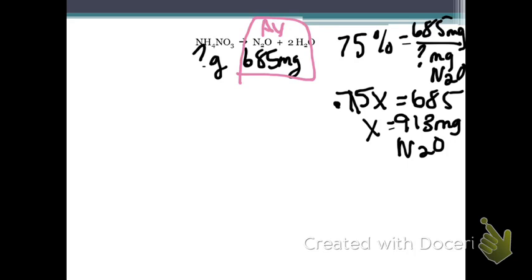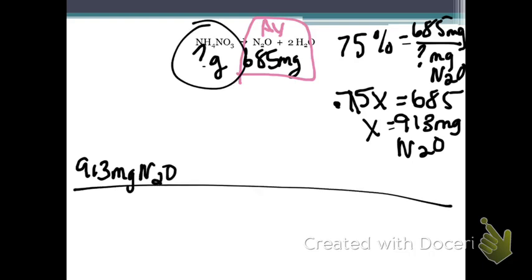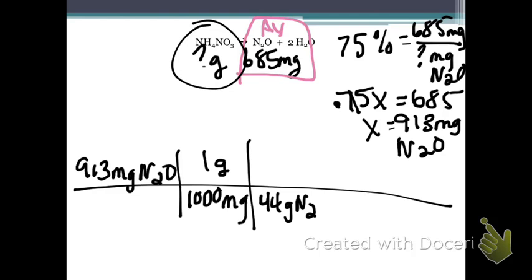So starting with the 913 milligrams of N2O, I now know that I need to get back to grams of ammonium nitrate. First, milligrams: there are 1,000 milligrams per 1 gram of N2O. Then molar mass: N2O is 44 grams per every mole.